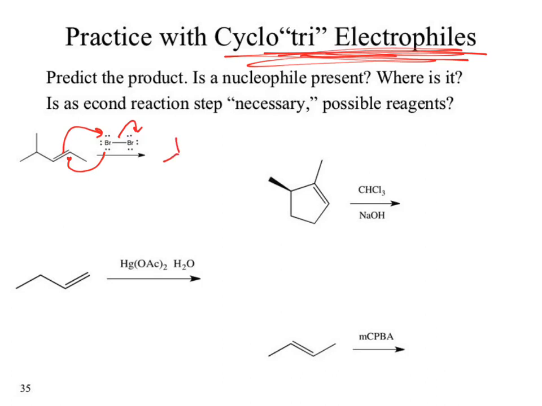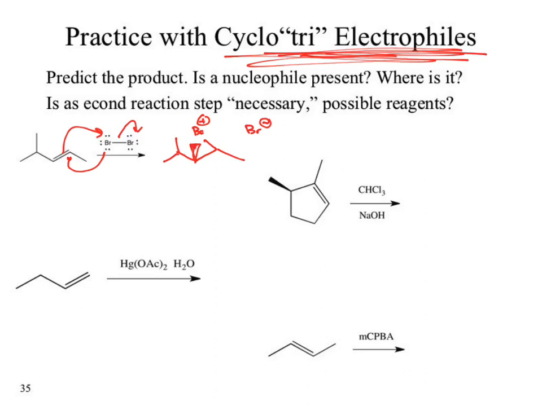The result: a bromine bond, positive, and Br minus. Do we have chiral atoms in that structure? Yes. Because we have chiral atoms, what do we need to worry about? Stereochemistry.